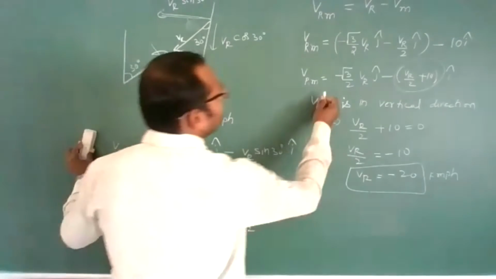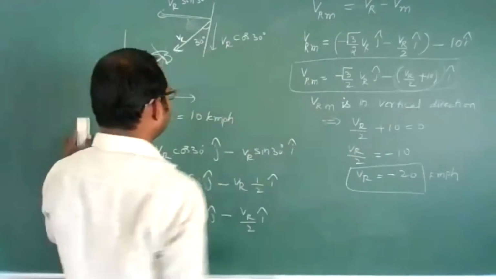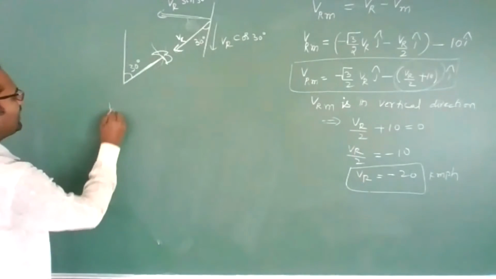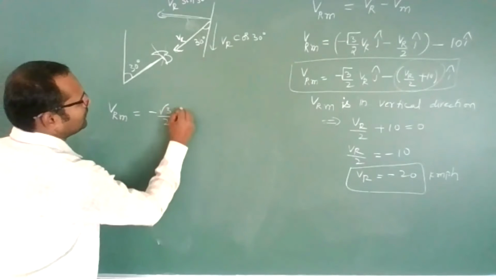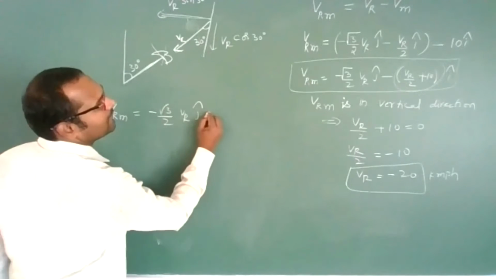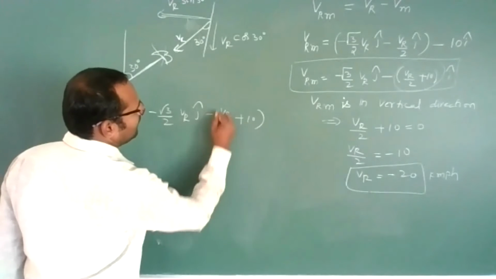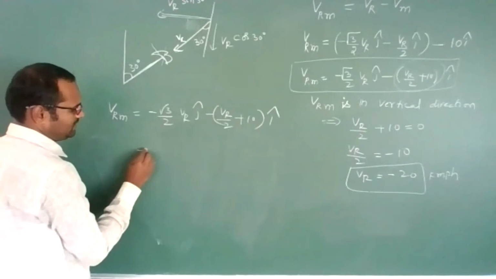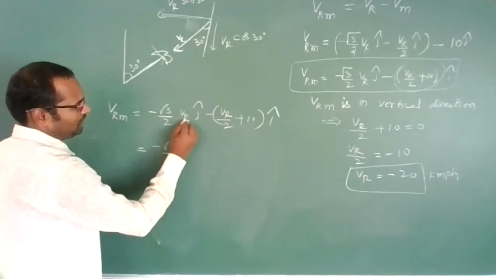Okay? Yes. See. Here, this is velocity of rain with respect to man. How much is it? Velocity of rain with respect to man is minus √3 by 2 VR j cap minus VR by 2 plus 10 i cap. This is velocity of rain with respect to man. Okay, is equal to minus √3 by 2 into VR value.